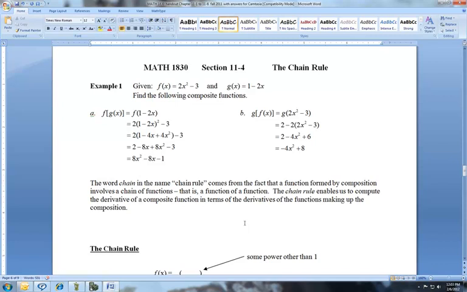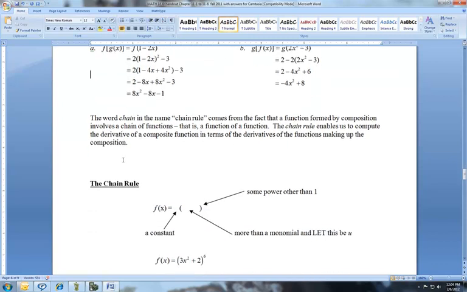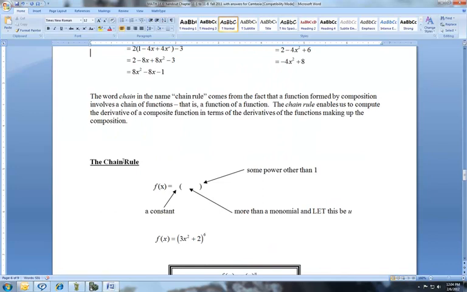Chain rule enables us to compute the derivative of a composite function in terms of the derivatives of the functions making up the composition. Usually you can see these, I won't say a mile off, but a pretty good distance off, just how they are, just the composition of them.